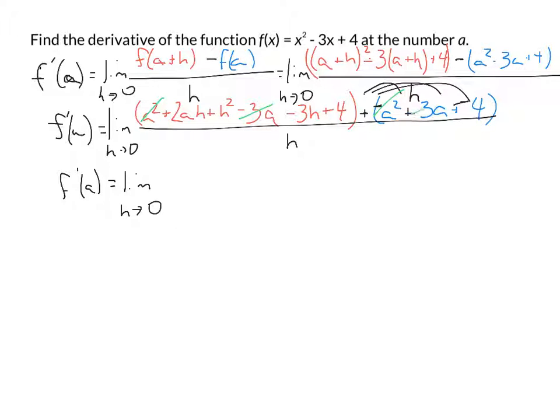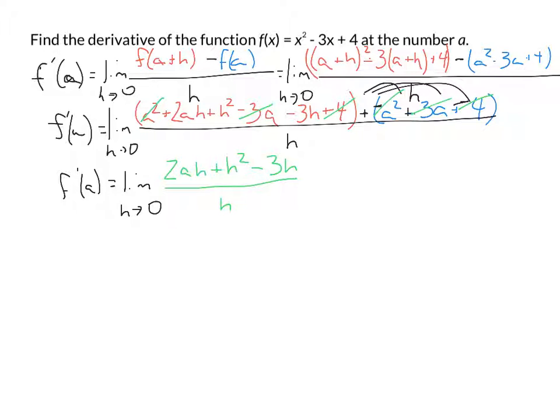Negative 3a and a positive 3a cancel. Plus 4 and a minus 4 cancel. And so on top we're left with 2ah plus h squared minus 3h, all over h.